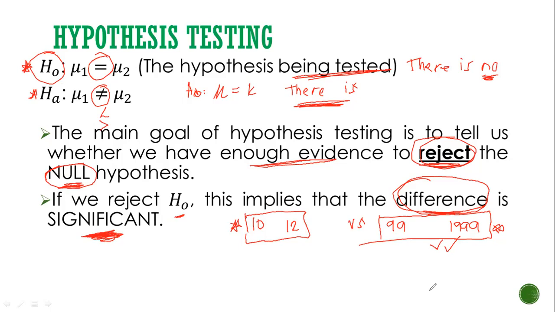Our main goal is to reject the null hypothesis through gathering of enough evidence. Dapat meron tayong enough evidence to reject the null hypothesis para sabihin natin that there is a significant difference. Okay? Clear ko na ha?